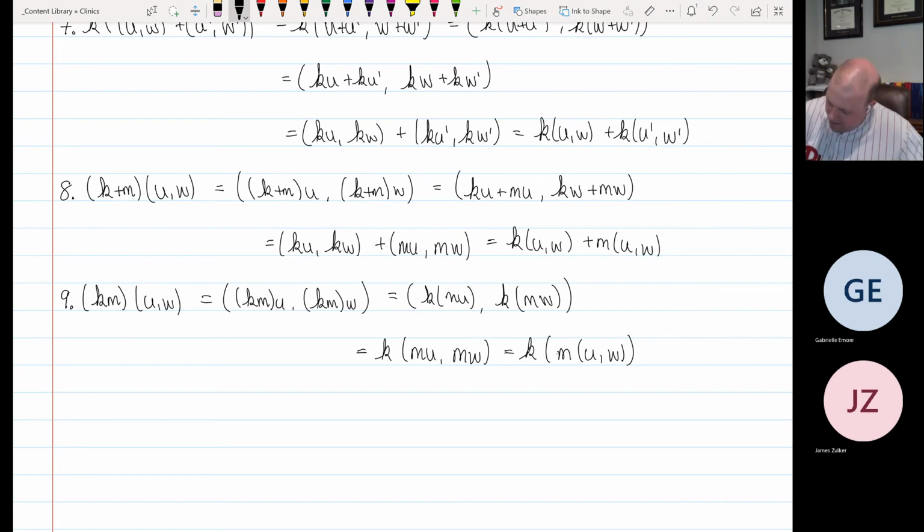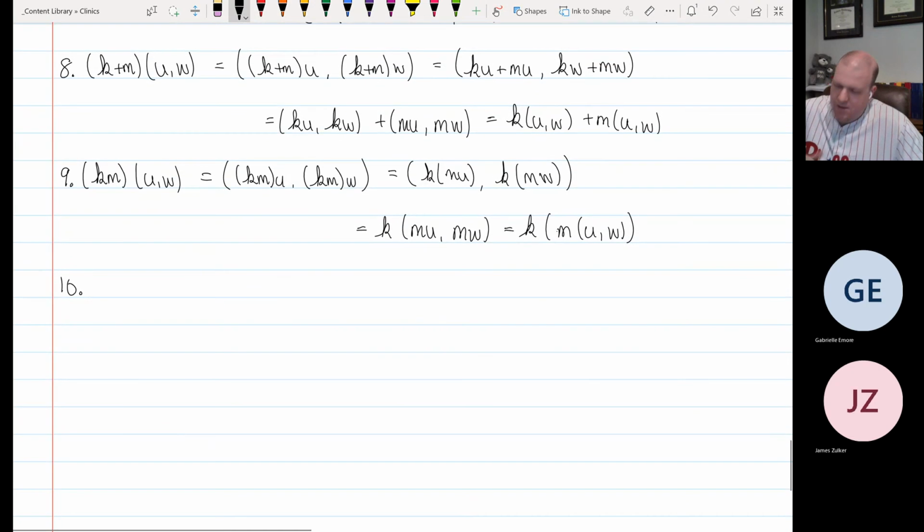So we've got one final axiom, right? 1 has to be the multiplicative identity.